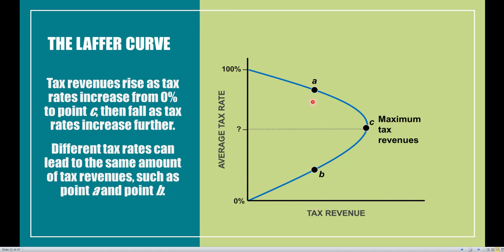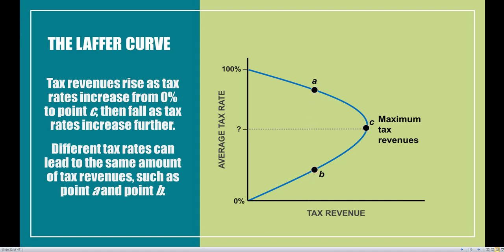However, point B has a relatively low tax rate, and because of that, there's a lot of people that are working, so it's also going to be generating $1 trillion in tax revenue. So even though point A and point B have two different tax rates, a high tax rate and a low tax rate, they generate the same amount of tax revenues.